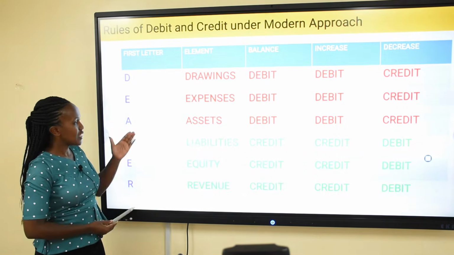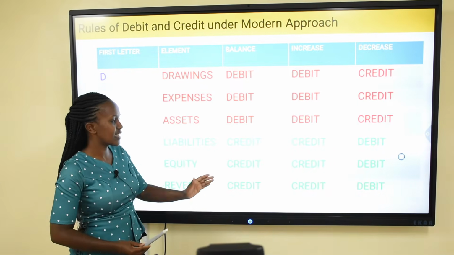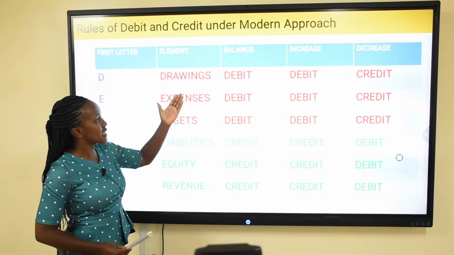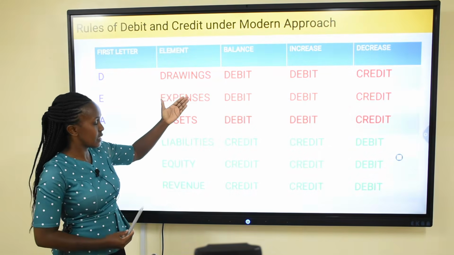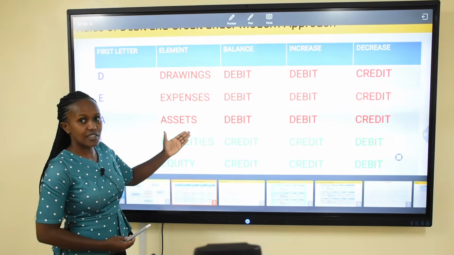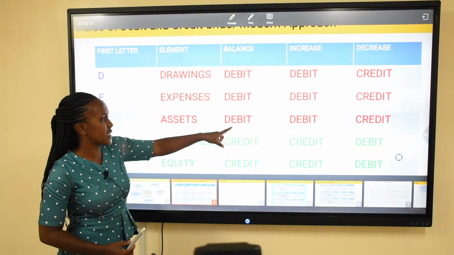So, with this DEALER, now we can come into the rules of double entry. We find that for the first three, that is the drawings, the expenses and the assets, the balances are debit balances.